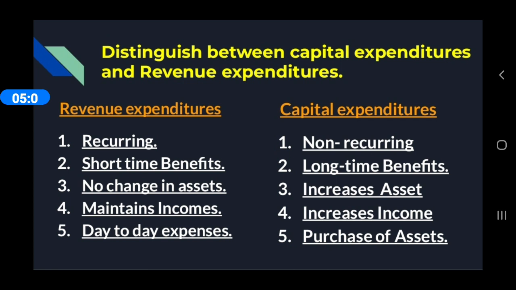So they are differentiated by recurrence, benefit, value of asset, increase in earning capacity, and also the nature: day-to-day expenses versus rare expenses such as the purchase of assets. Okay, after distinguishing the expenditure and the income, we can get into the preparation of income and expenditure.